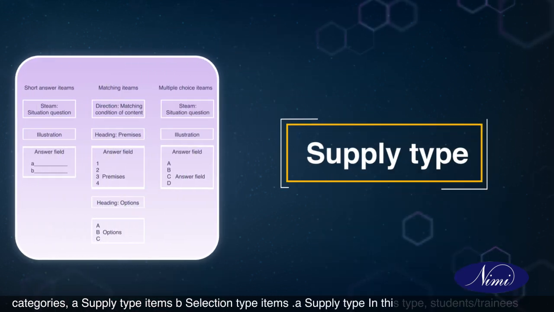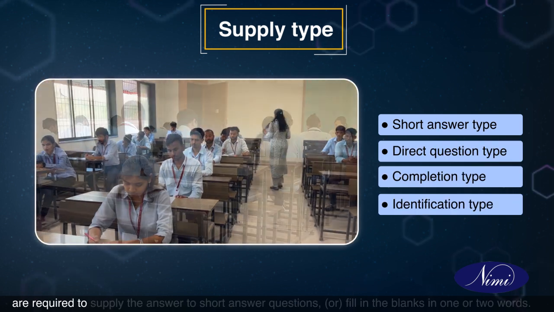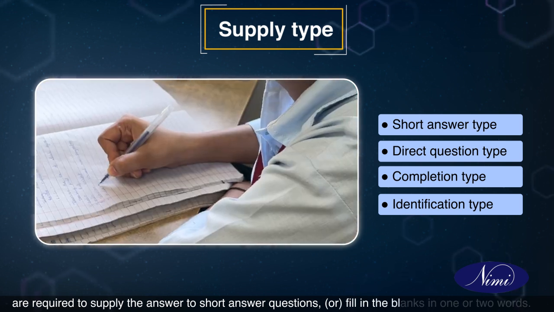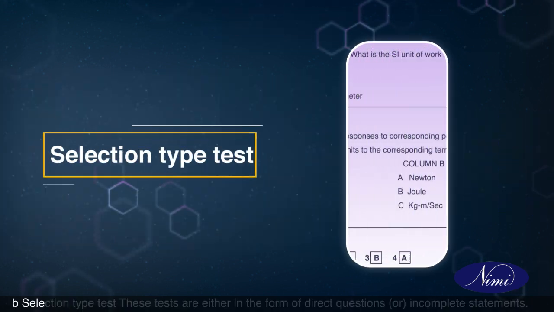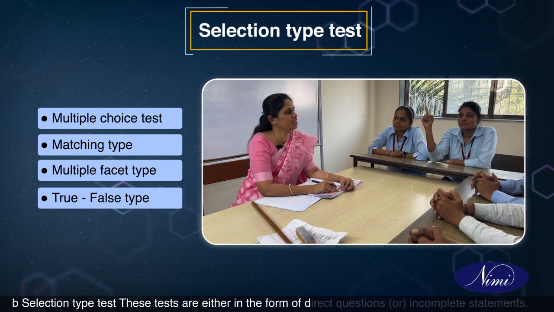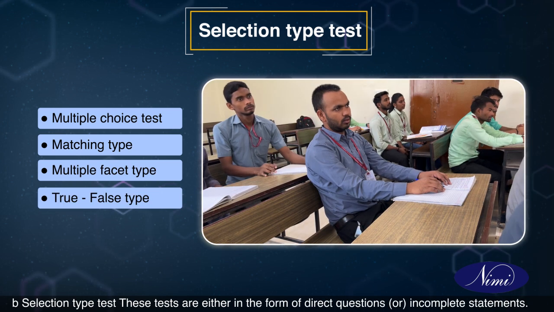A. Supply type. In this type, students, trainees are required to supply the answer to short answer questions or fill in the blanks in 1 or 2 words. B. Selection type test. These tests are either in the form of direct questions or incomplete statements.